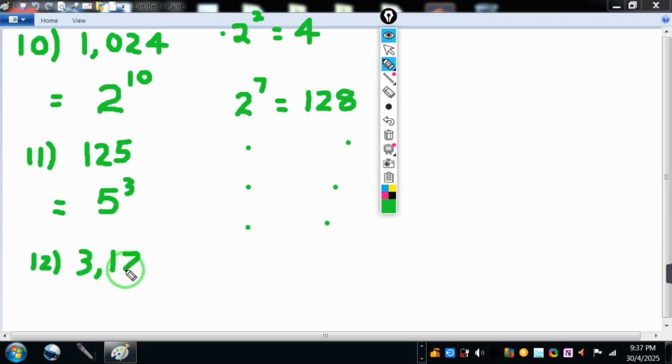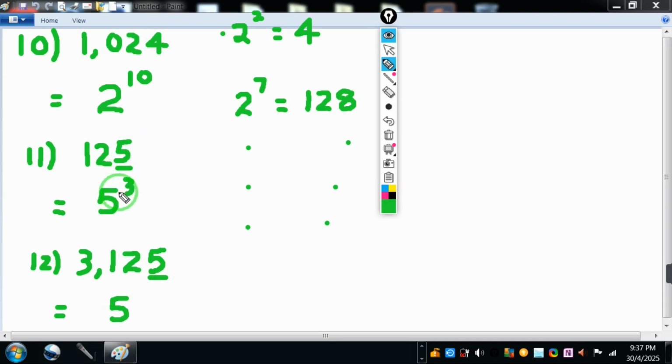We will do it with the help of number 11. Of course, the base is 5. No doubt about it. Why? Because it ends in a 5. Here too, base is 5 because it ends in a 5. So 5 to the power of 3 or 5 cubed is 125.